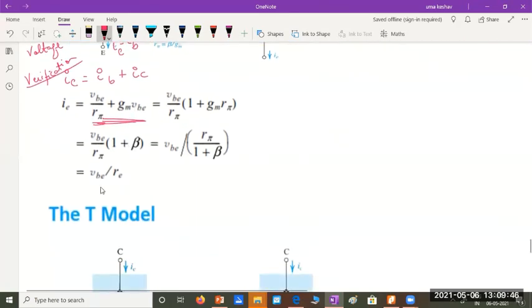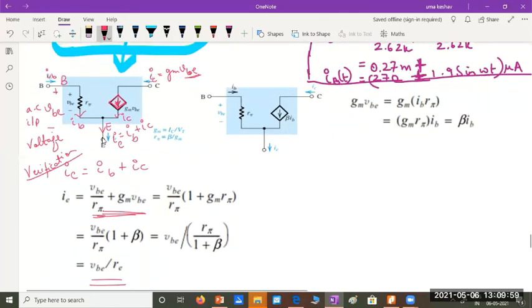You will end up getting the value VBE by RE. We know the emitter current IE was defined as VBE by RE. So it is verified that in this circuit also it will remain the same. You are getting the same expression for IE, VBE by RE.